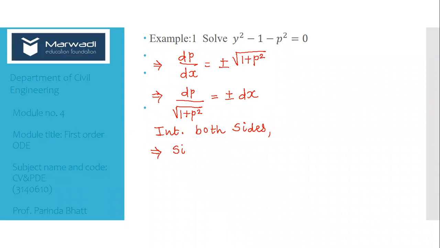This is sine hyperbolic inverse p equal to plus or minus x and then integration constant plus c. Now remember this integration.